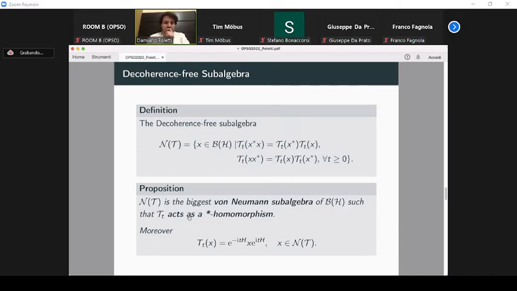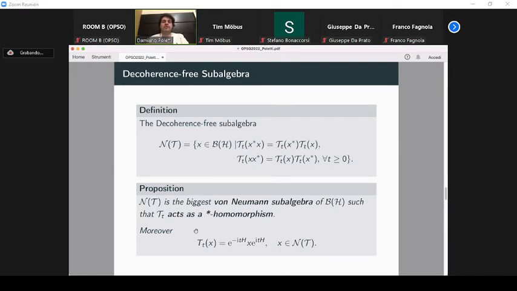And maybe even more remarkable is that whenever we look at the action of the semigroup on an element X of the decoherence-free subalgebra, then the explicit action is the one you see below. The thing to note is that there is no dependency on the operators L. And this very evolution is the same that one would get if we looked at the system not as an open system, but as a closed system, where the only relevant operator that describes the system is the Hamiltonian.